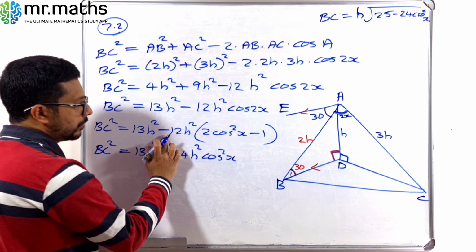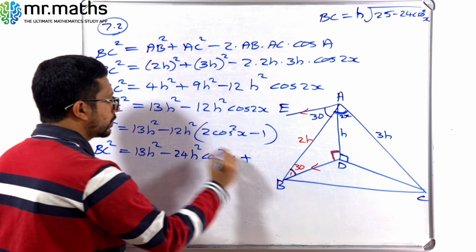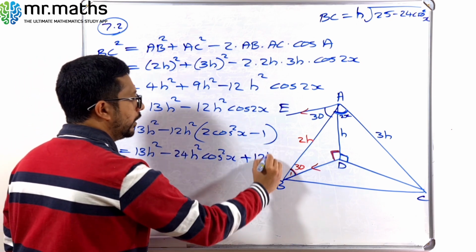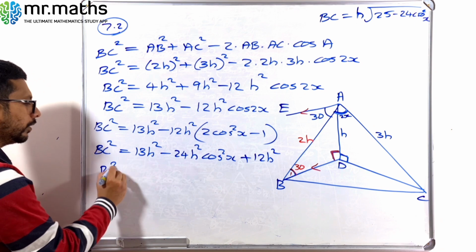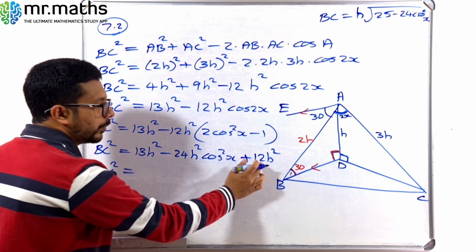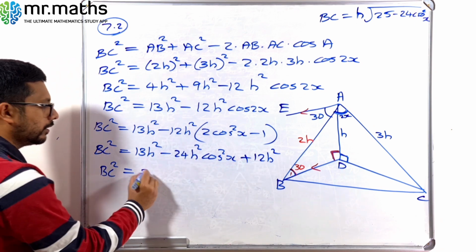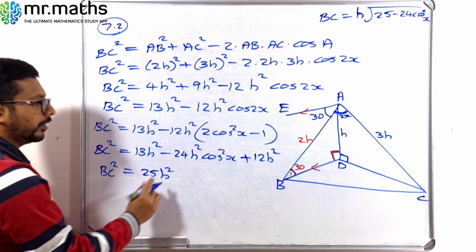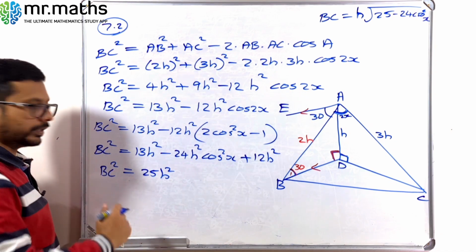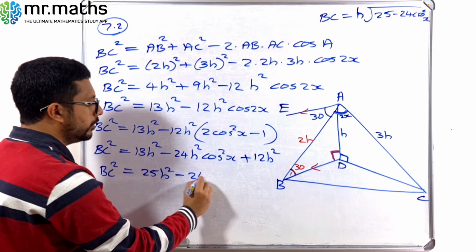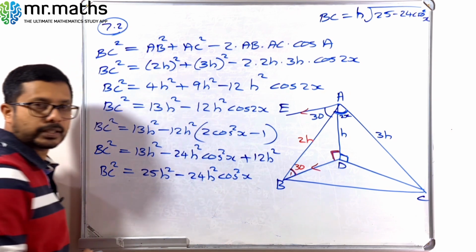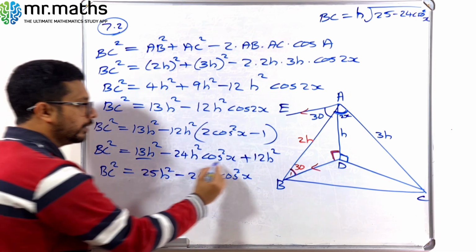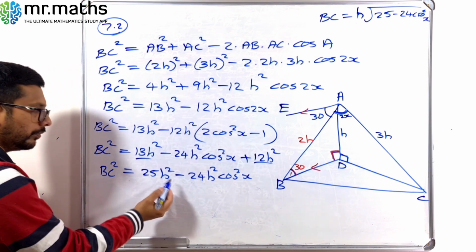Then minus into minus is plus 12 into 1, 12h squared. So now BC squared is 13h squared plus 12h squared, that is 25h squared, minus 24h squared cos squared x. Can you see, slowly we are getting there.